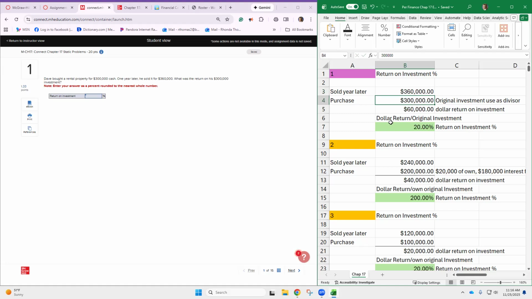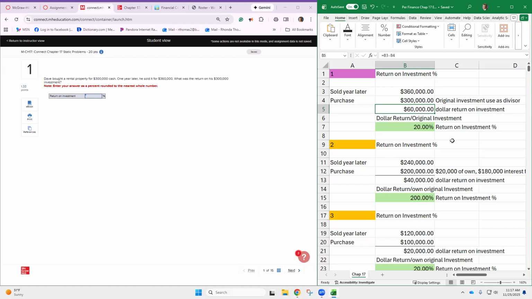The dollar amount of return, which is not what they're asking for, but it's always good to know, is a $60,000 profit or gain on the sale of that property. When he turned around and sold it a year later, that's pretty good money, making $60,000 on an investment in 1 year, right?